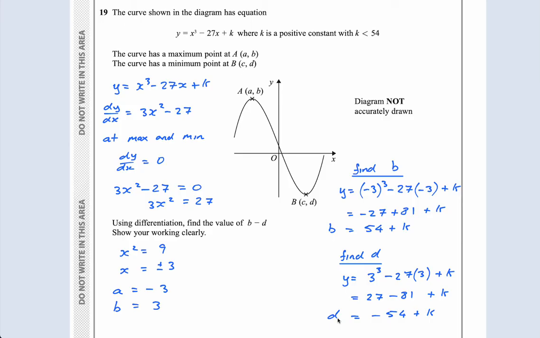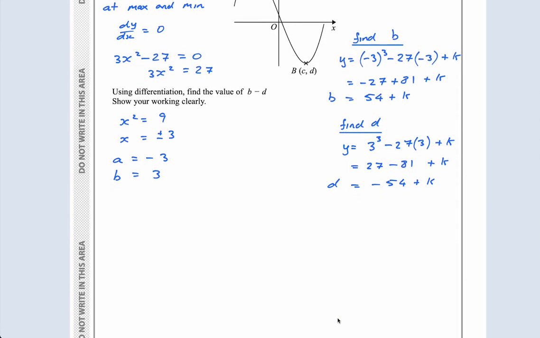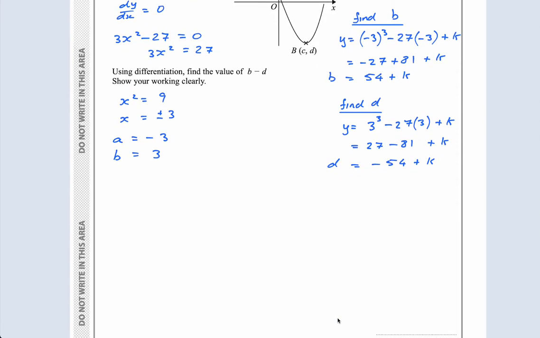But I don't care, because I am going to do b minus d. What's b minus d? b minus d is this 54 plus k minus d. Now just be careful, there's a bracket here.